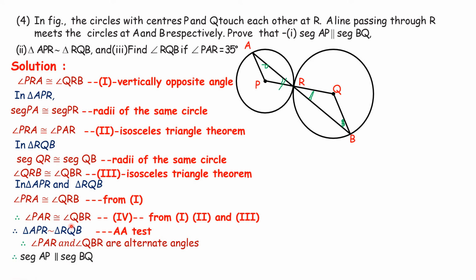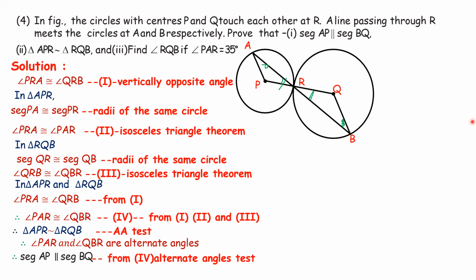In statement number 4. Therefore, AP is parallel to BQ. These two angles are alternate angles, angle PAR and angle QBR. Write down the reason: from 4 and alternate angle test.